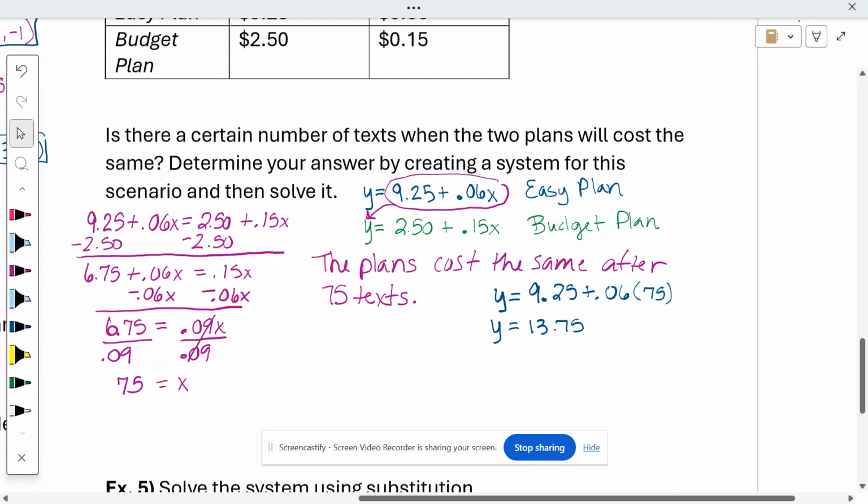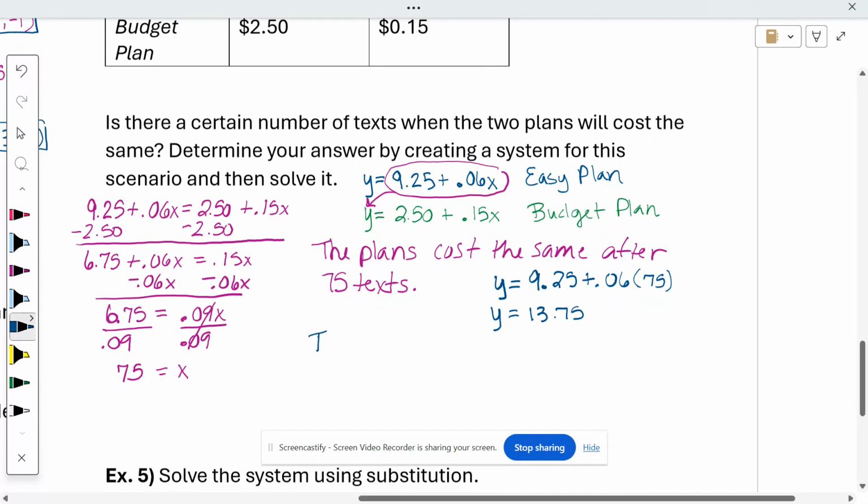What does that mean? So that means the cost of each plan with 75 texts is $13.75.